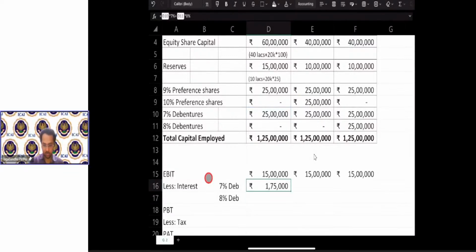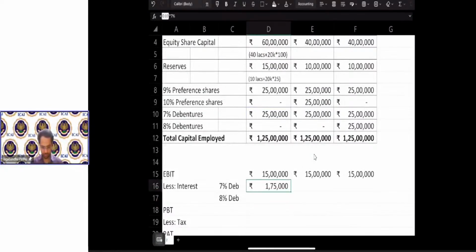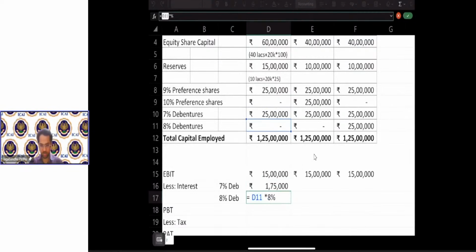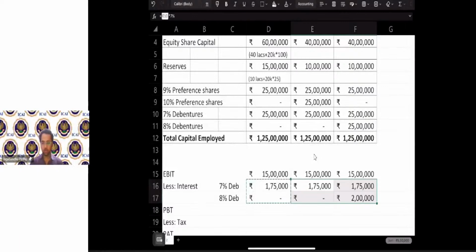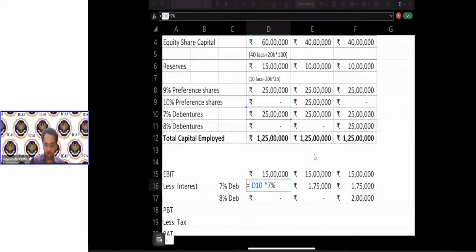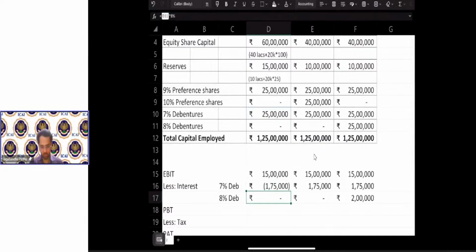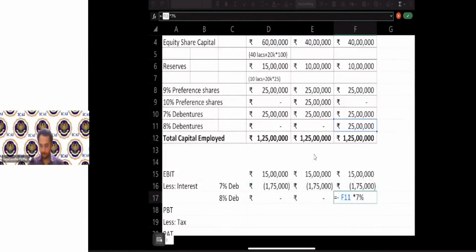So the total debenture interest is going to be different in all the three cases. Now, of course, these numbers are supposed to be the negative ones.